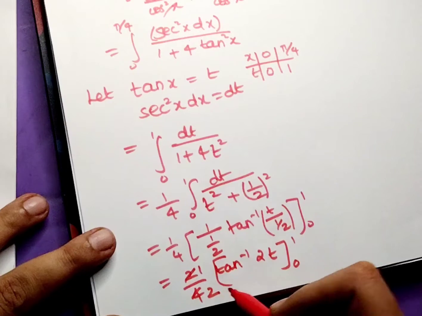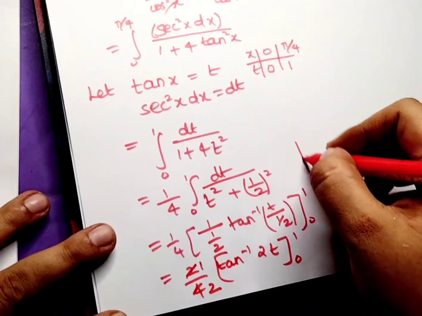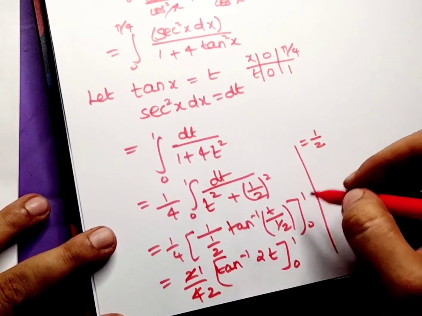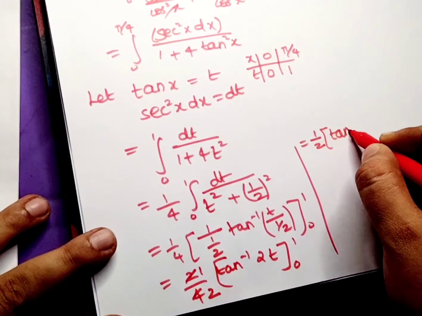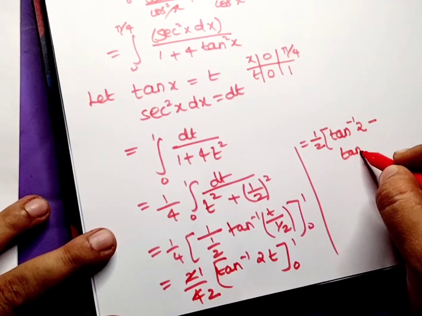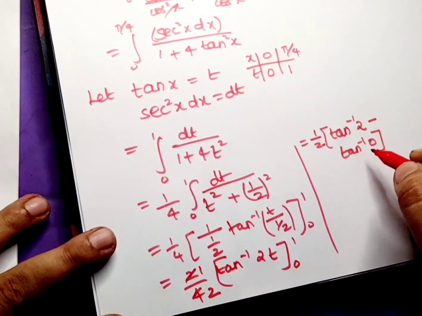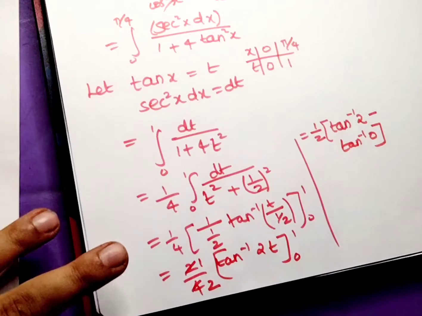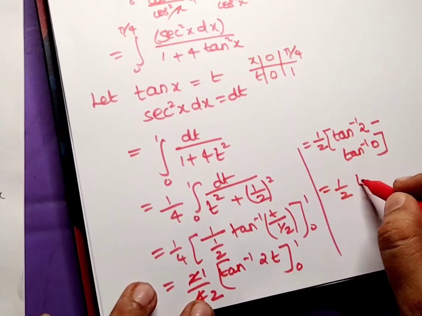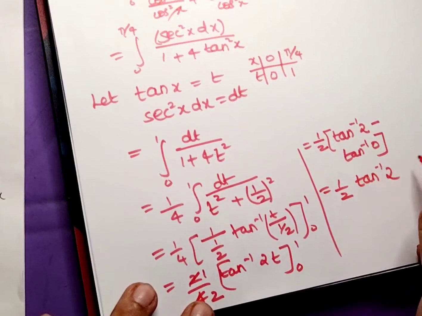So this gets cancelled, it is 1 by 2. We'll do the upper and lower limit. Tan inverse 2t, that is 2, minus tan inverse 0. So tan inverse 0 is 0 and we have tan inverse 2. Final answer is 1 by 2 tan inverse 2.